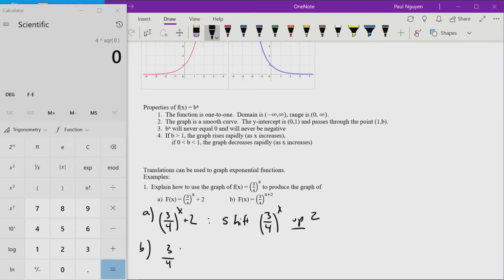For 3/4 to the x plus 2, you shift 3/4 to the x left 2. We covered translations in a previous section.